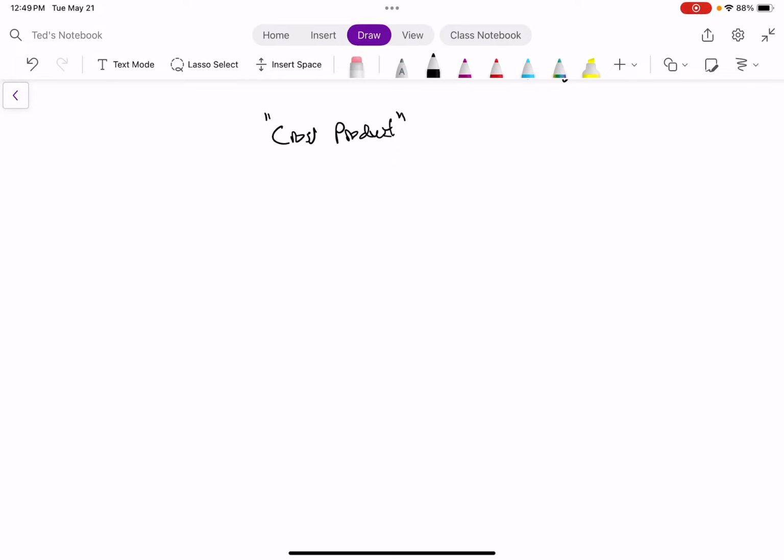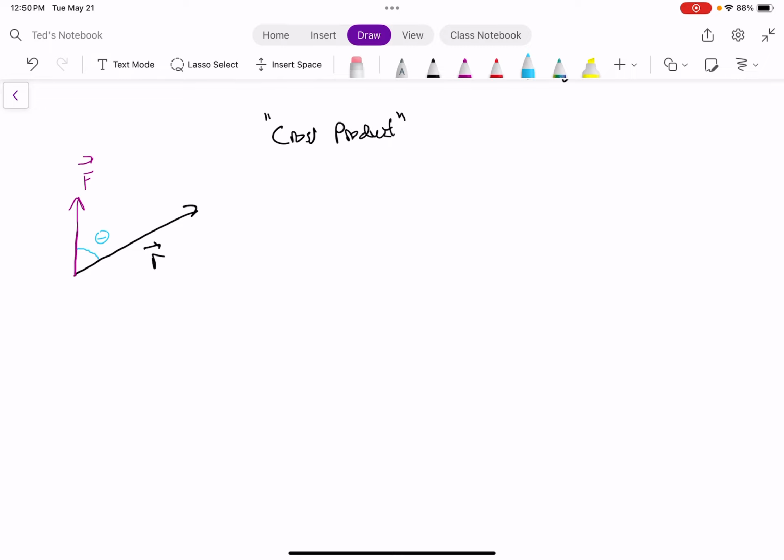So again, we can have two vectors, maybe an r vector and an f vector. And just like before, we need to know the angle between those two vectors.